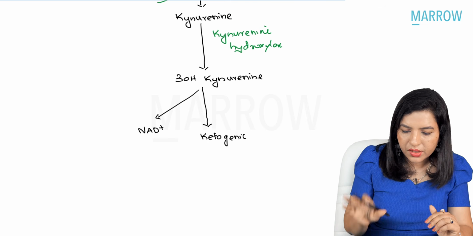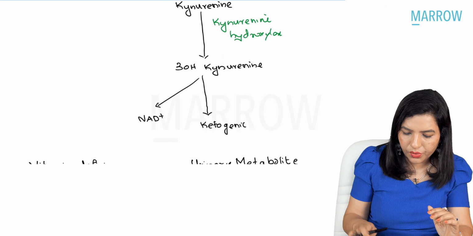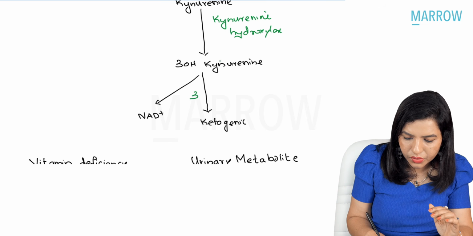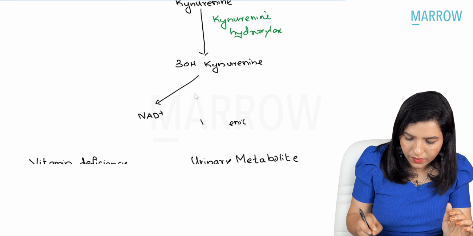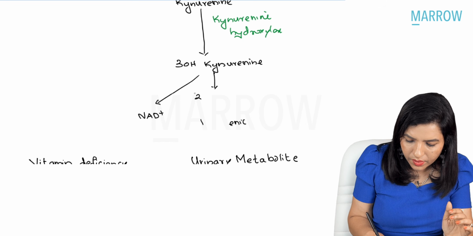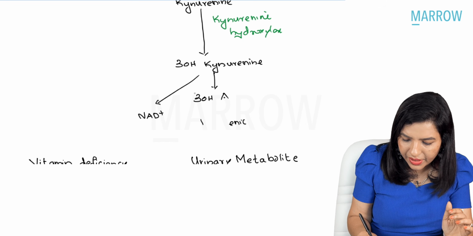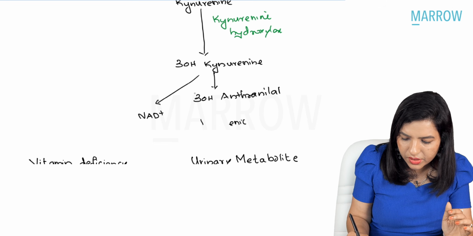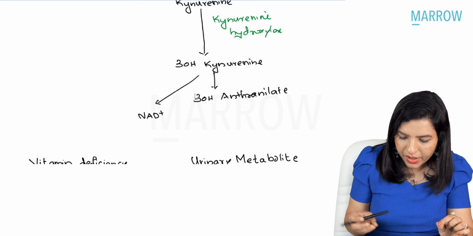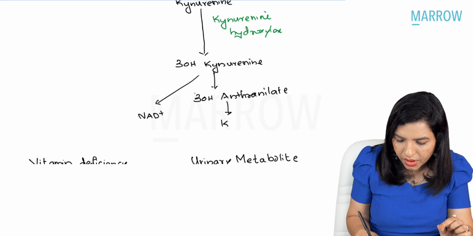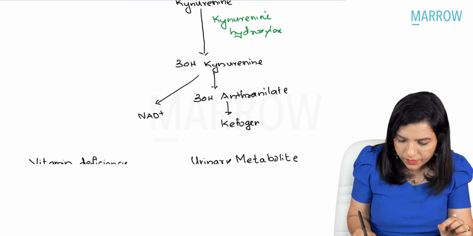Okay. This 3-hydroxykynurenine is converted to 3-hydroxyanthranilate and hence it is called the kynurenine anthranilate pathway, and thereby this is entering into the ketogenic fate.